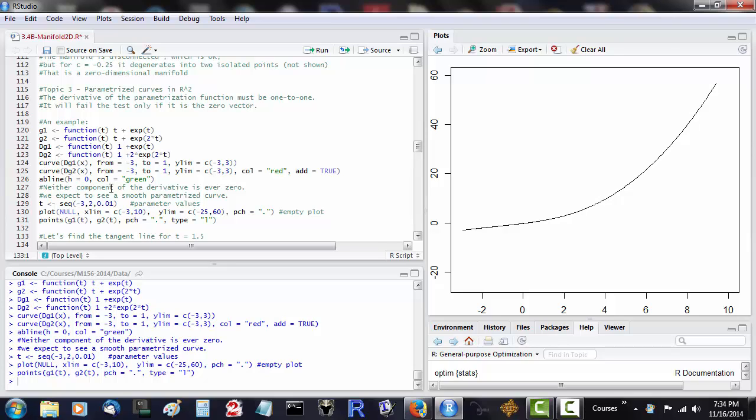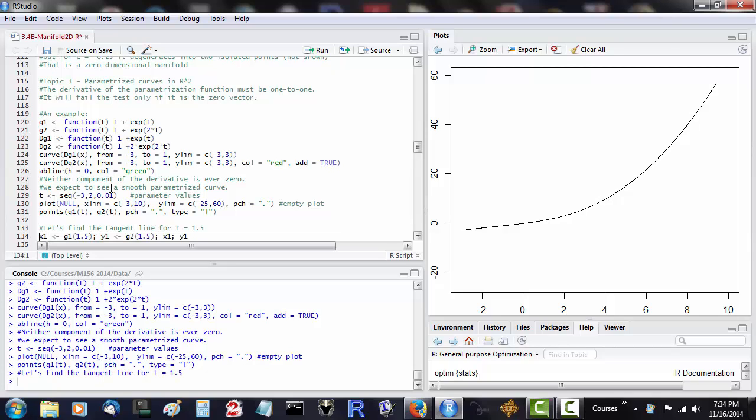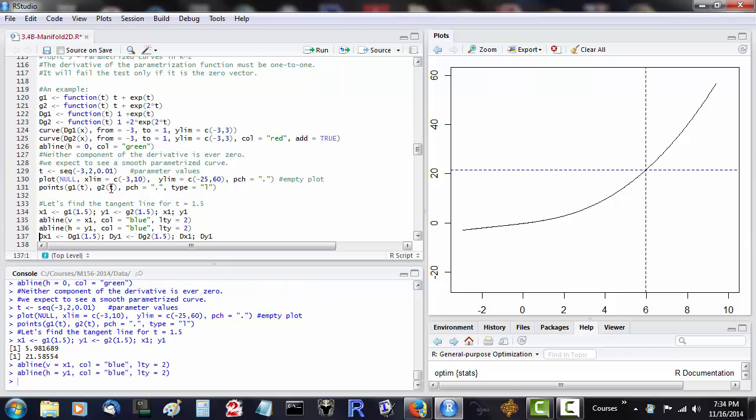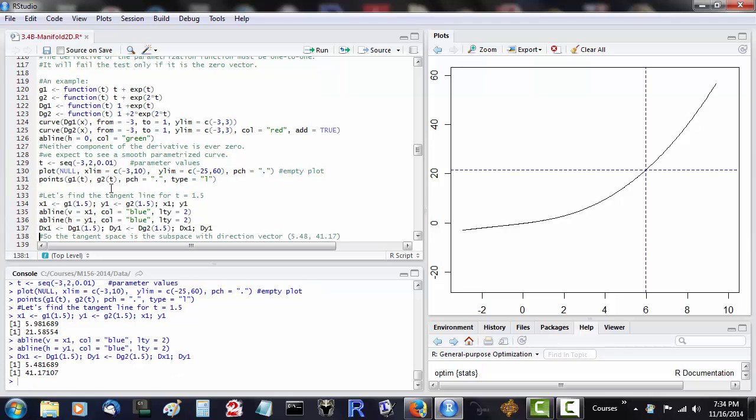We can find its tangent line if we want, say at a point 1.5. I calculate the x and y values there. So I can show the point that we're looking at. And when I calculate the derivatives, I get the two components of the derivative of the parameterization function. The rule is the tangent space is just the image of the derivative of the parameterization function.